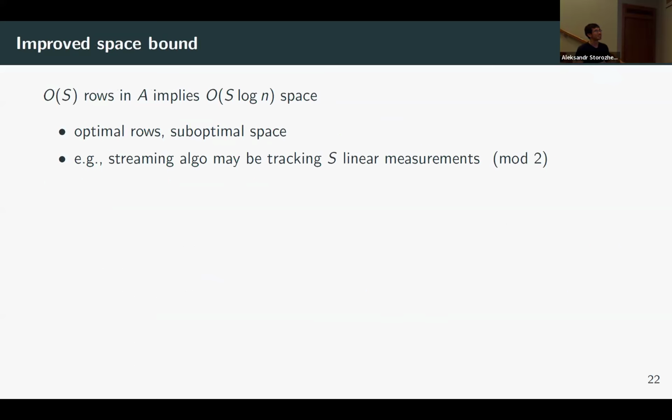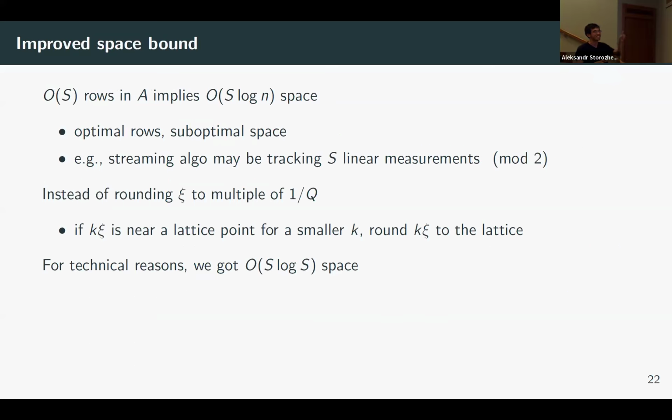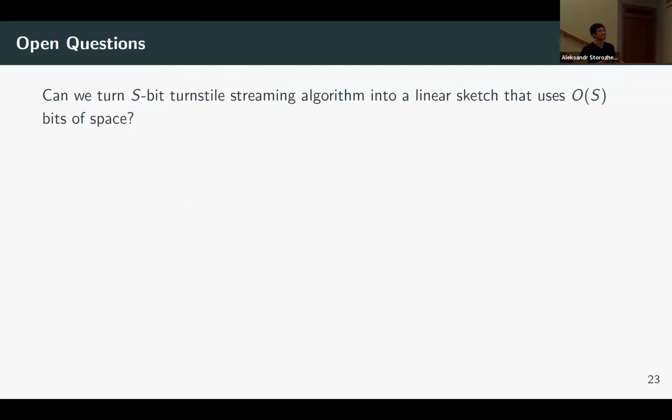Okay, I will skip this slide. The naive way gives S log n space, but if we run it carefully, instead of rounding to 1 over poly(n), we round to the nearest multiple of a point for a small k, then we can get S log S space. And the open question is that we still have a gap of log S in this reduction.